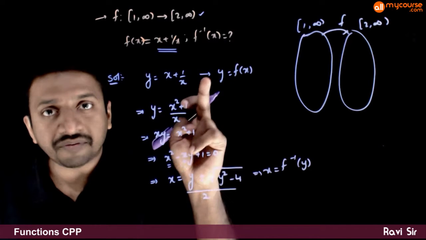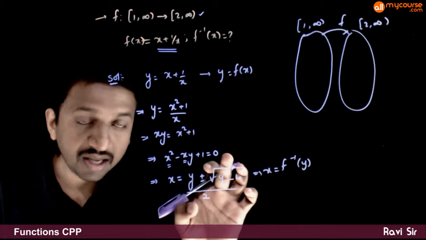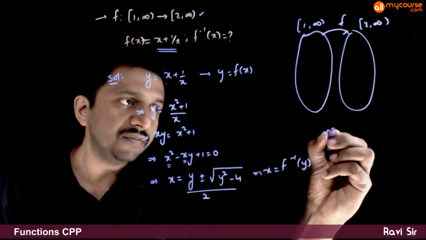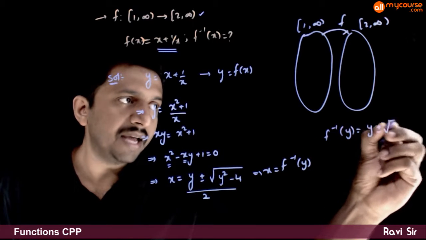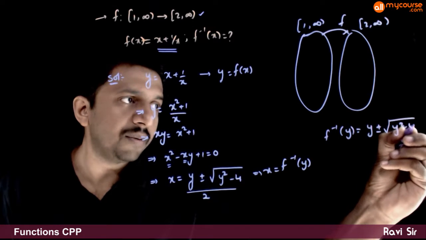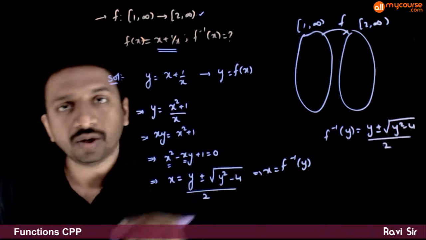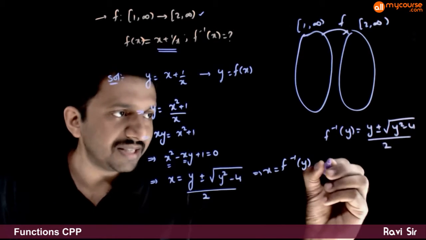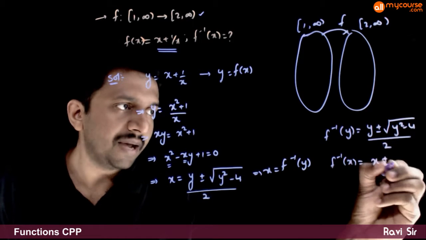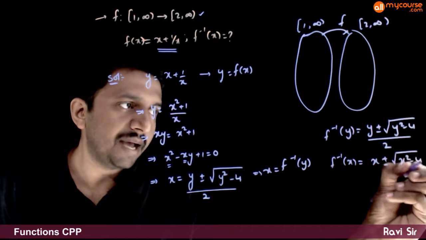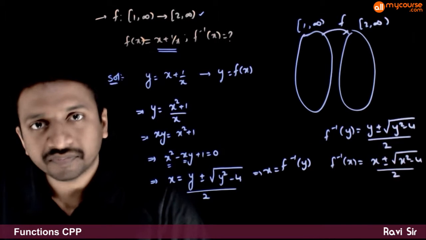So x is equal to this. So f inverse of y is equal to (y plus or minus root of y square minus 4) by 2. So what is f inverse of x? (x plus or minus root of x square minus 4) by 2.